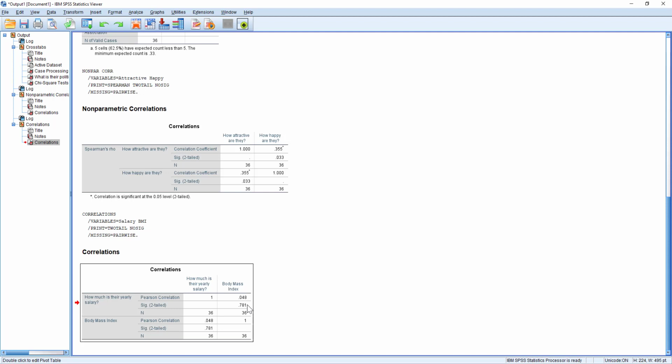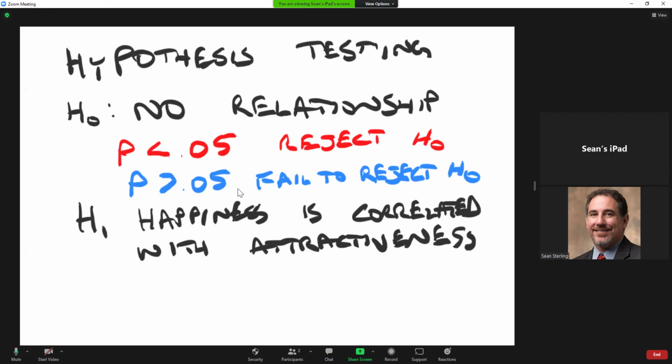And sometimes people get confused when I say fail to reject or do not reject, because it is a double negative. So for a lot of people, it's much easier to say when this is greater than 0.05, we accept the null. Accept the null is not really good science to say that, because we don't accept anything because we're scientists.